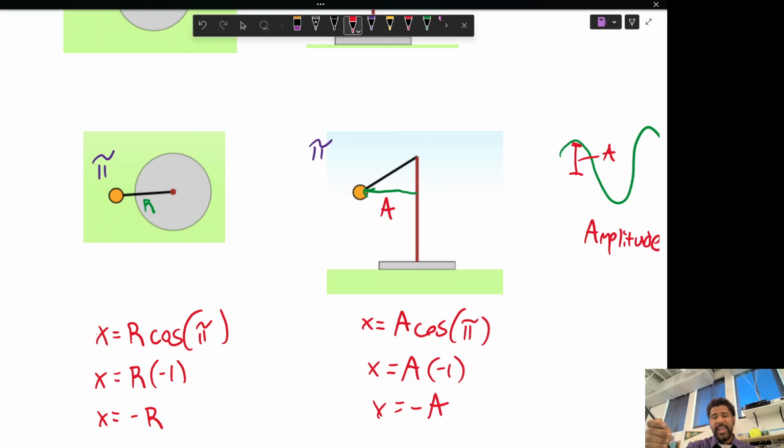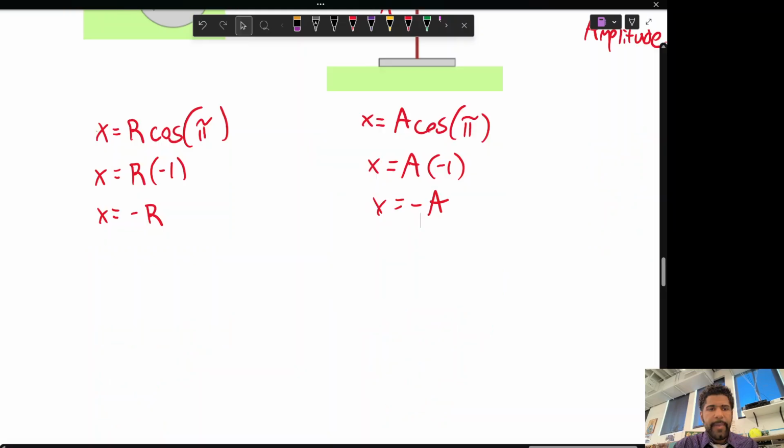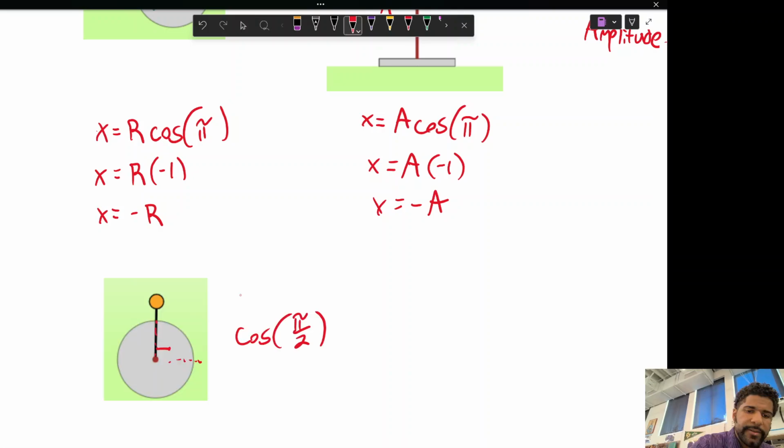What if we take this and let this go all the way around? And I view it from above, it looks like this object is just going straight up and down, right? And I'm trying to find my X position again. So my X position for this is the cosine of pi over 2, because that's the current position based off of 90 degrees, and it is going to be equal to 0.